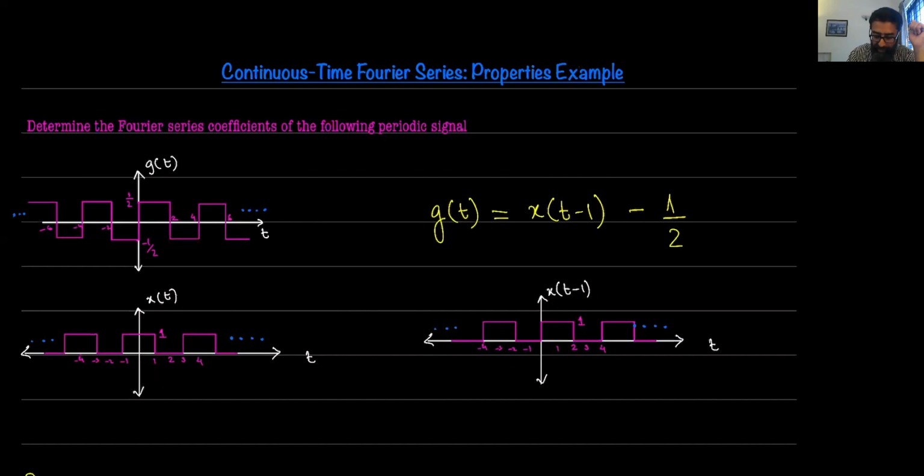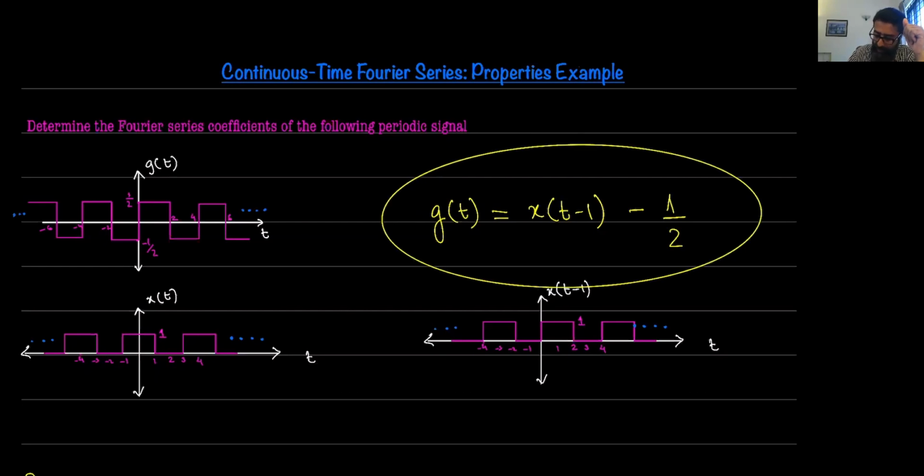And therefore, the conclusion really is that g of t, which we're interested in finding the Fourier series coefficient of, is actually equal to x of t minus 1 minus half.